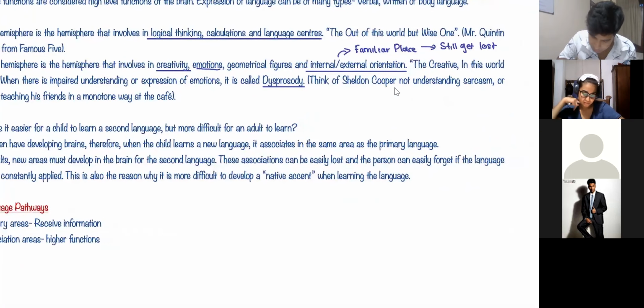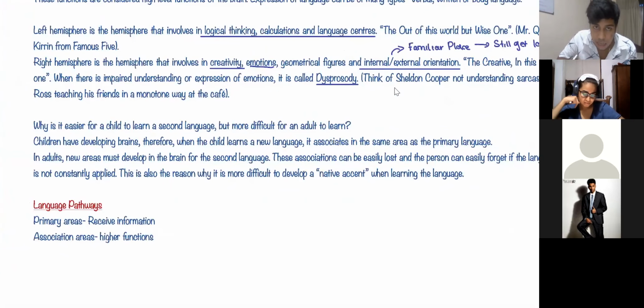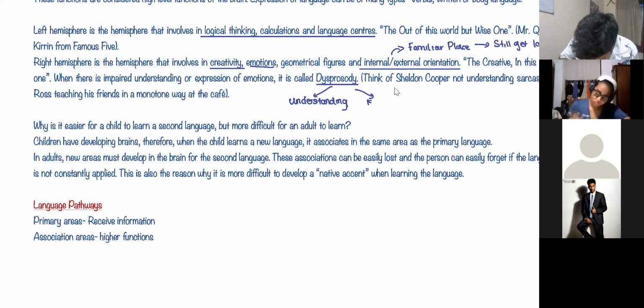These people are unable to express emotions. So think of it like this: dysprosody means a lack of understanding and a lack of expressing emotions.